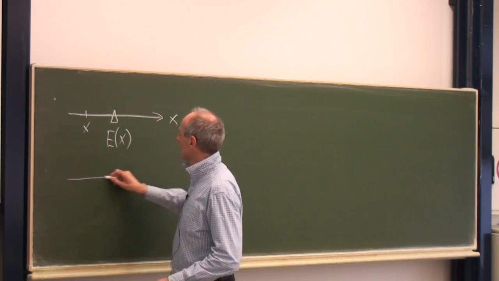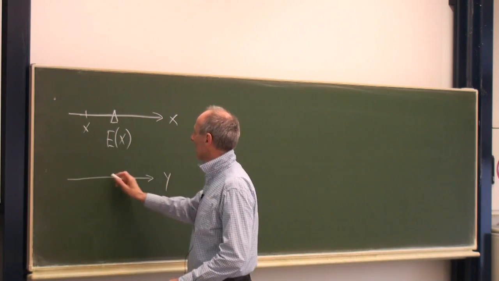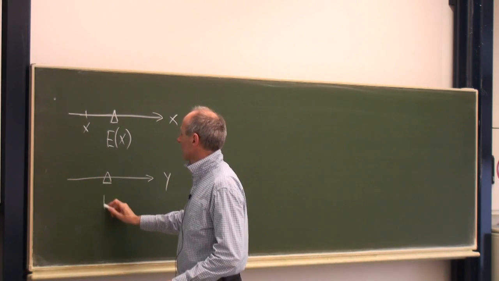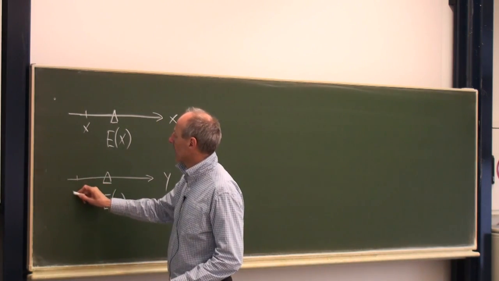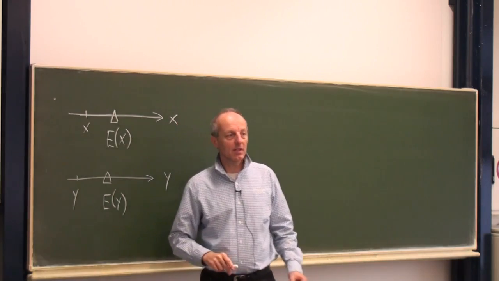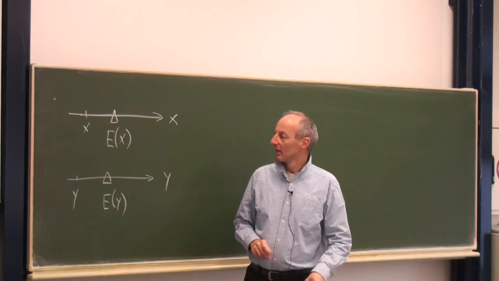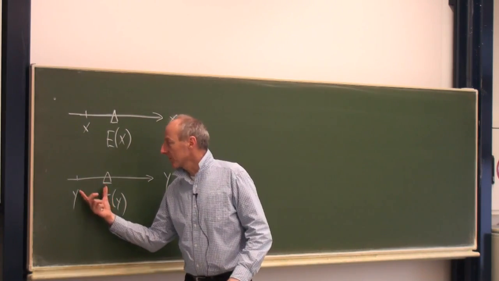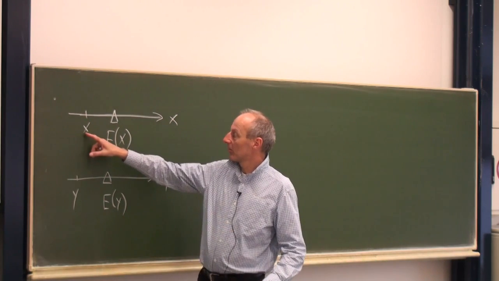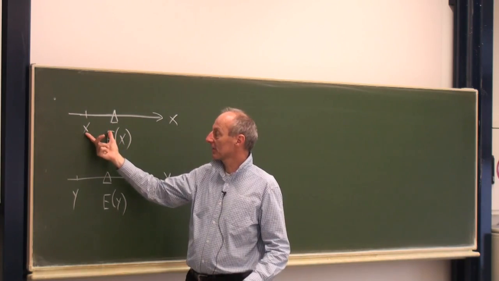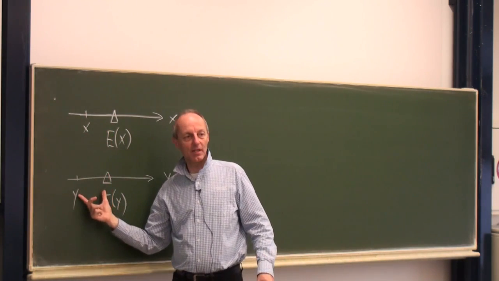And now if we look at the axis for y, and here we have e of y, and suppose y also is smaller than the expected value, then we see that for these two samples we have a negative difference here and a negative difference here.